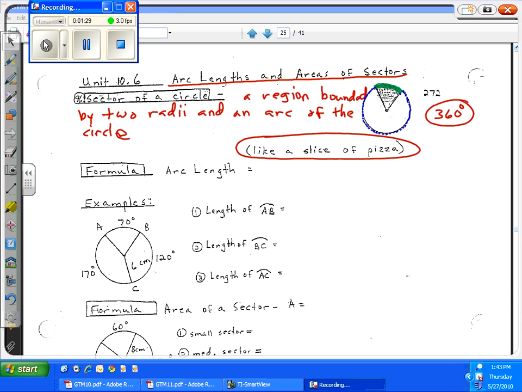So when we want to find the arc length, the length of the arc is equal to the arc measure over 360. It's that fraction of the circumference. So it's arc over 360 times pi times diameter. It is a fraction of the circumference.